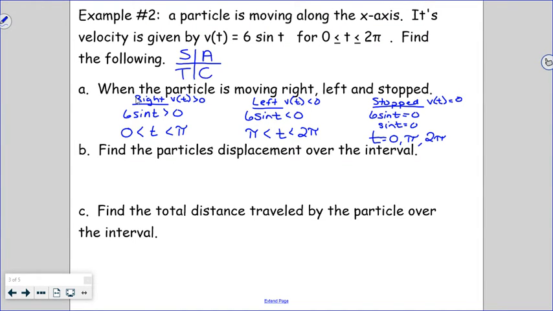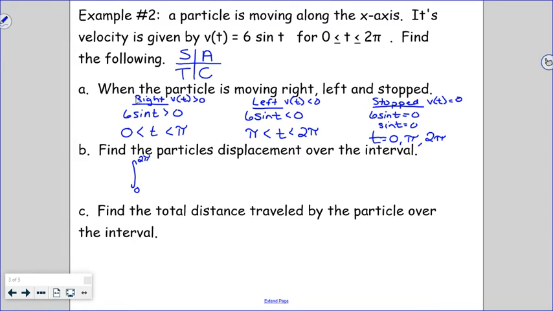There is a very common mnemonic device out there: All Students Take Calc. It tells you where things are positive. All things are positive in quadrant 1, sine only in quadrant 2, tangent only in quadrant 3, and cosine only in quadrant 4. Finding the displacement is just like we did on the last one. Our displacement is just the integral from the start to the finish, from 0 to 2 pi, right?